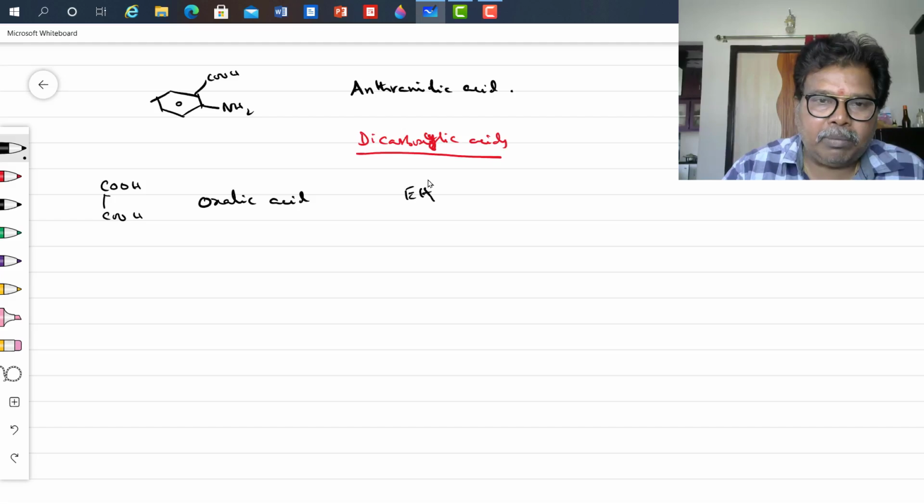Eth for 2 carbons, ane for single bond, dioic acid because two COOH groups are there. Ethane dioic acid.